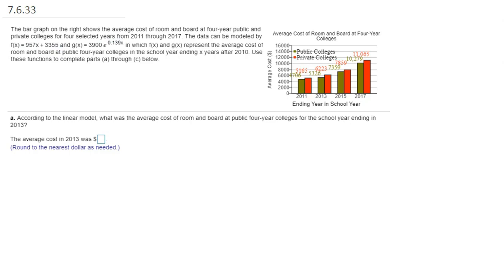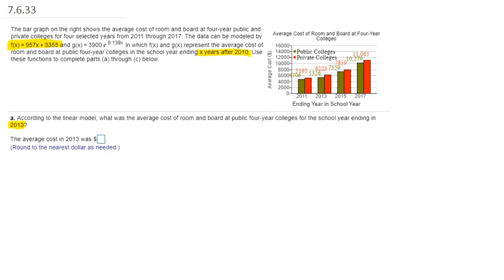In part A, it asks us to look at the linear model. So we're going to be looking at the f of x equation, and we're going to use that function to generate the output cost for 2013. Now when it comes to 2013, the other thing we have to take into account is that x is years after 2010.